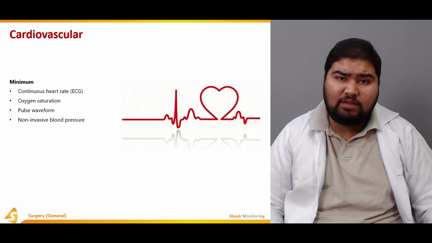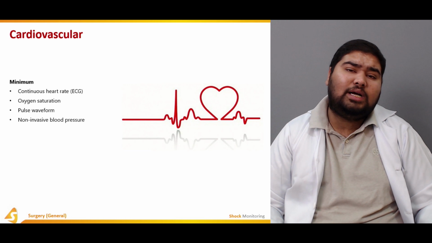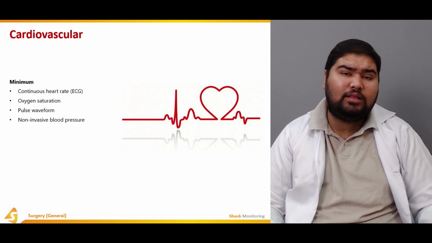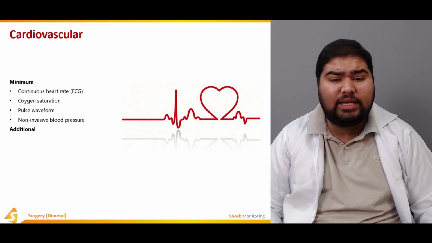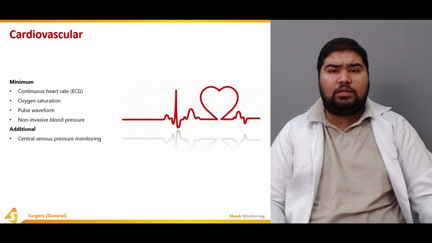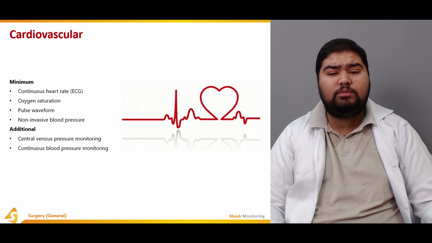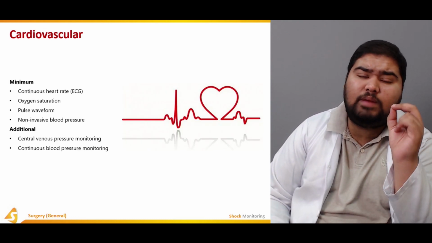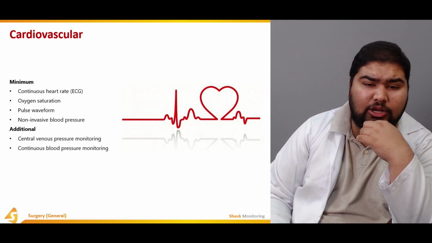Then the non-invasive blood pressure, obviously, though the blood pressure is lowered very late in shock, however, this measurement of blood pressure is very helpful. Now, additional measurements might include the central venous pressure, the continuous blood pressure monitoring. These might be done, but they're not necessarily required.